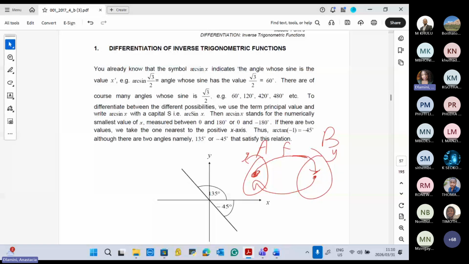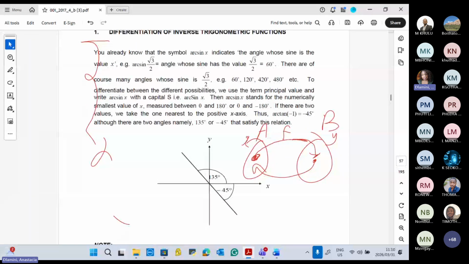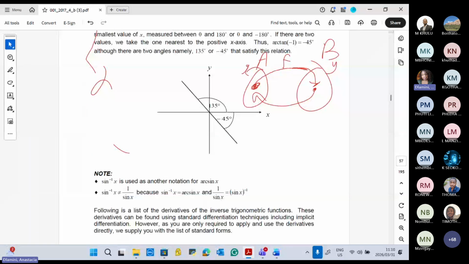Now, remember when you were looking at trigonometric ratios between grade 10, 11, and 12, you had sine of theta is equals to, let's say, √2/2, right? And they tell you to go and find theta. Do you remember that? Yes, the special triangles. So you were actually using the inverse to find the angle theta.